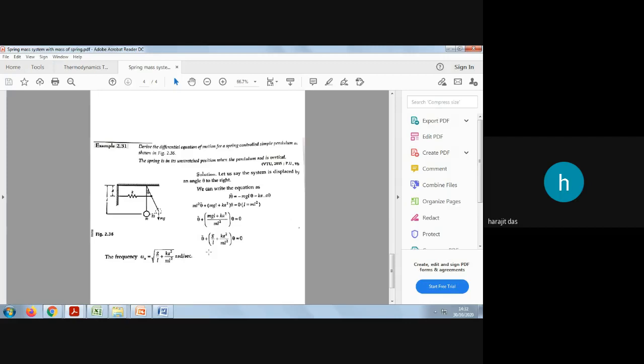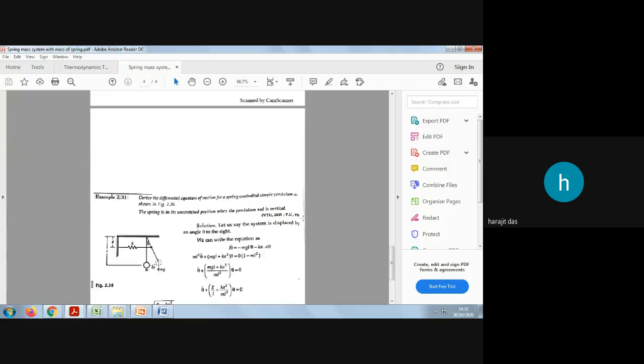The moments taken in the opposite direction of theta are considered negative moments, just like the forces, because at the very beginning I told you that all the directions in the spring mass system taken in the downward direction are positive, and all parameters taken opposite to the displacement are negative. That similar concept is applied here also in the problems. So I think now you will be able to solve this type of problems.